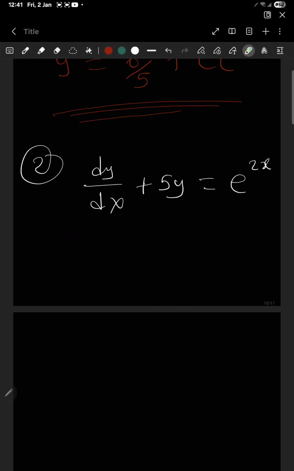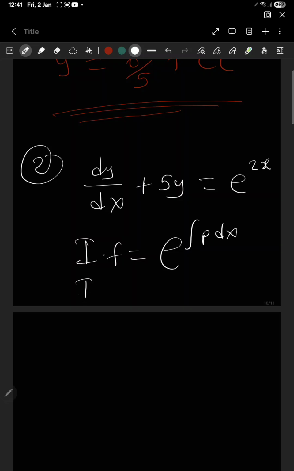So what do we do? We need to first get the integrating factor. So we say the integrating factor is equal to e to the integral of P dx. Then we need to now replace what the P is.